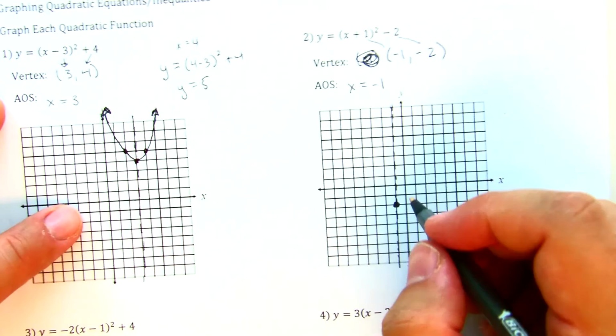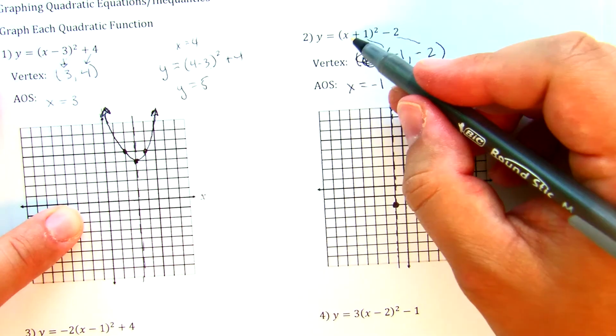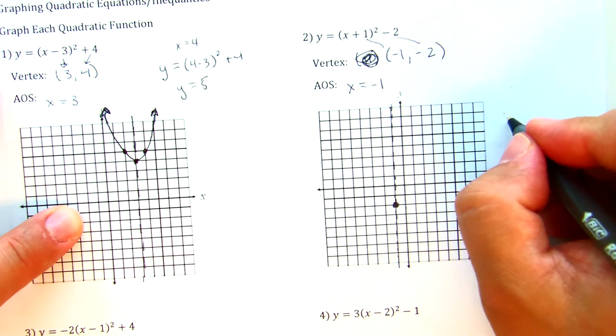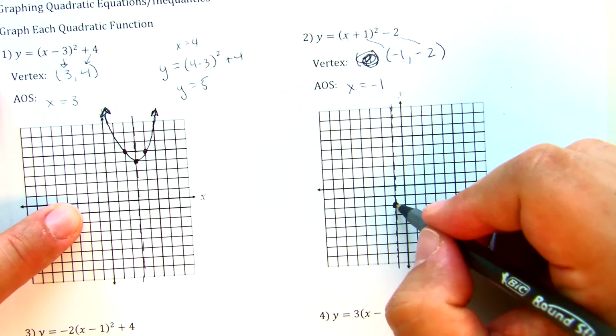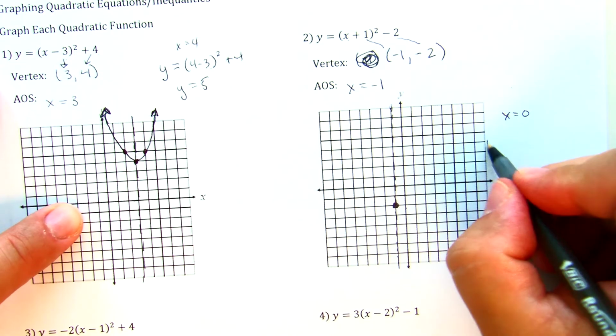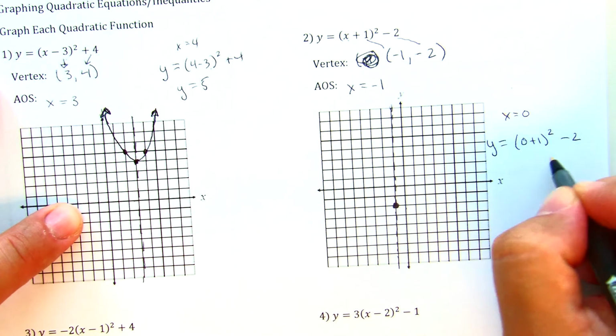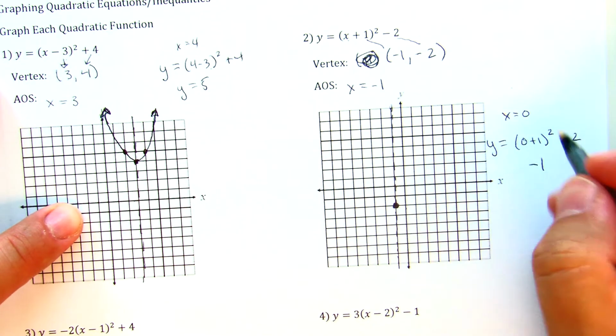All right, and I'll find one other point again. So if I go 1 to the right, that's going to be at x equals 0. So when x equals 0, I'm going to have y equals 0 plus 1 squared minus 2, which is negative 1.